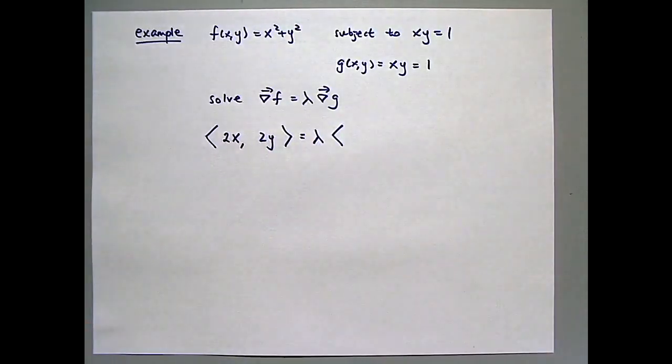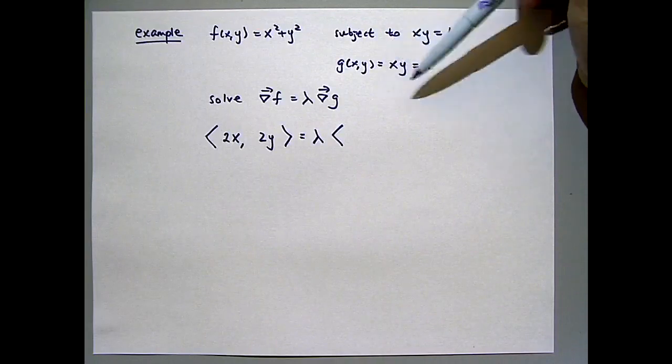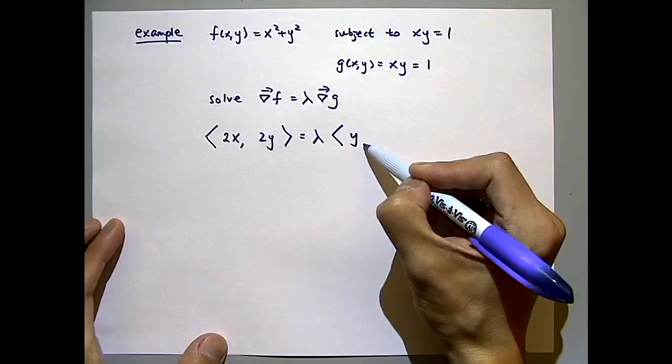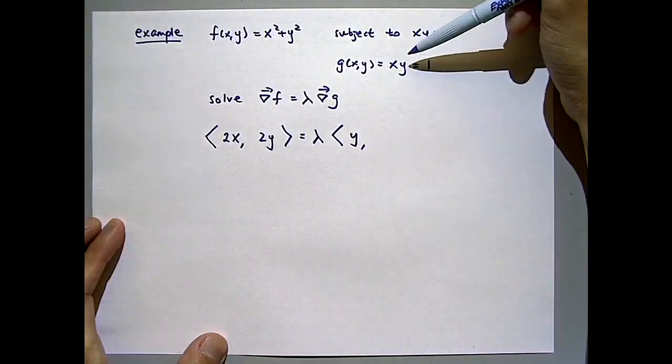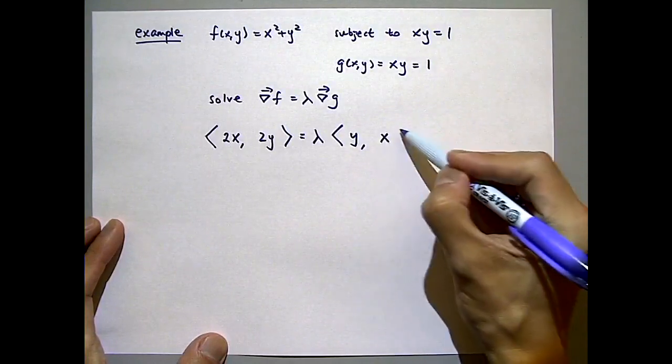Right-hand side, there's the Lagrange multiplier. We don't know what it is yet. Gradient of xy, partial with respect to x, gives me a y, so that goes in the i direction. Partial with respect to y gives me x, and that goes in the j direction.